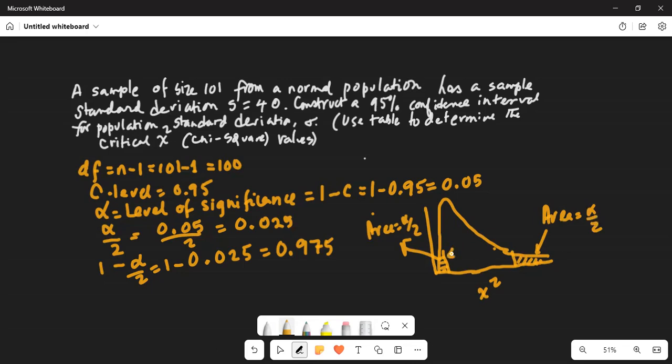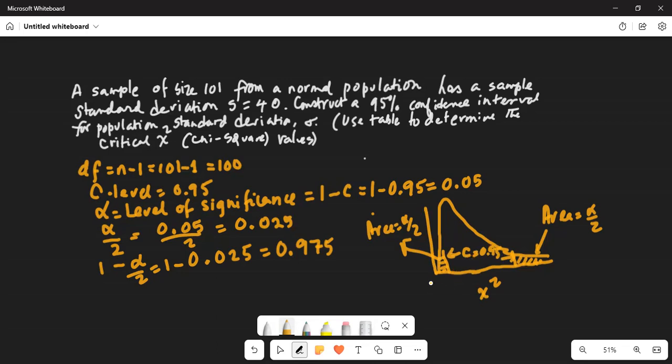In the center, we have the confidence level, C equal to 0.95. So the confidence interval is in the center, whereas on the two tails we have areas of alpha by 2, where we do not want the population standard deviation to fall. We want it to fall in the center region, which is not shaded.